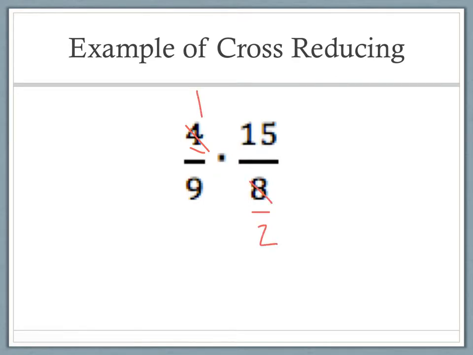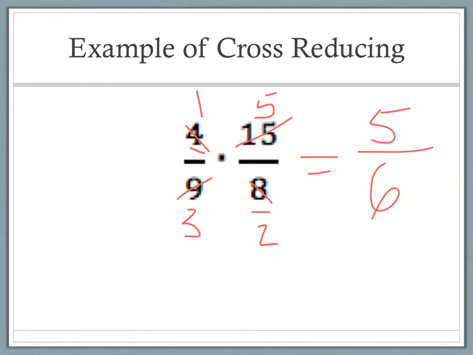Same thing with the 9 and the 15. I see that a 3 goes into both of those. So 3 goes into 9 3 times, and 3 goes into 15 5 times. Now, once I do that, I can make it an easier multiplication because 1 times 5 is 5, and 3 times 2 is 6. Okay, cross-simplifying or cross-reducing is going to help us out in this lesson.